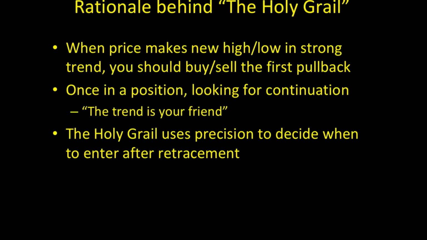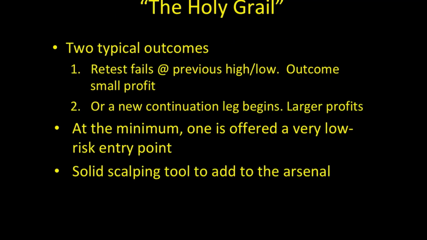The Holy Grail uses precision to decide when to enter after retracement, right? So everybody's going to say buy the dip, but when exactly do you buy the dip? Generally two typical outcomes.